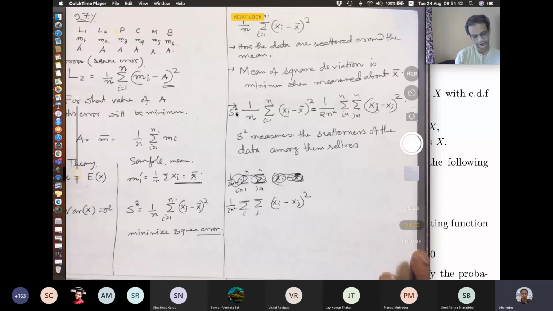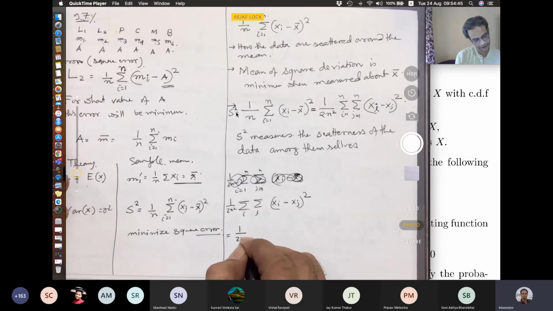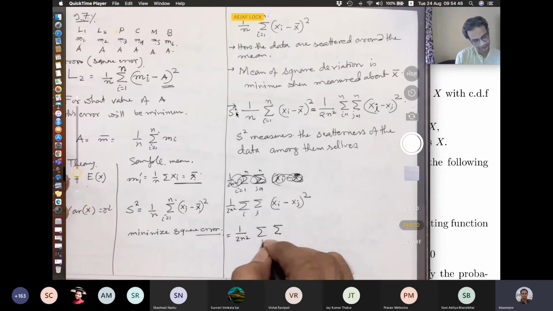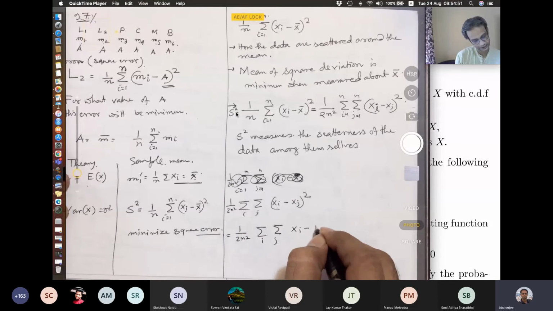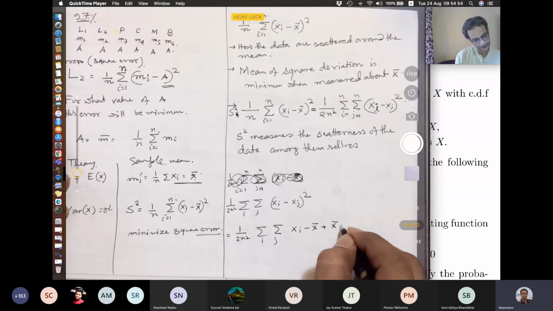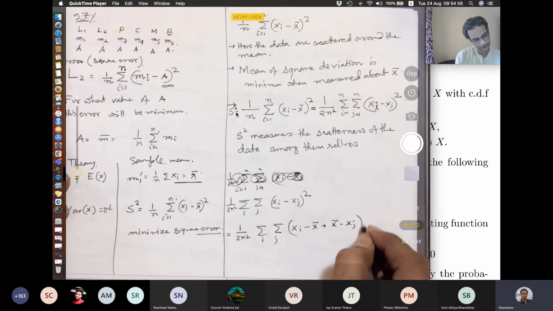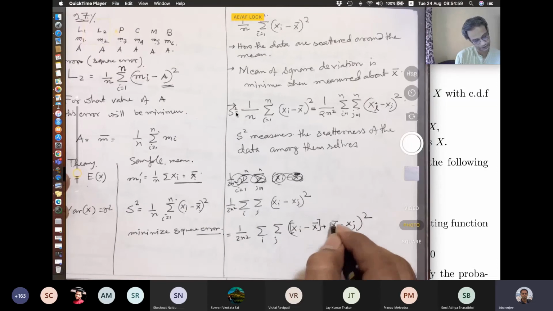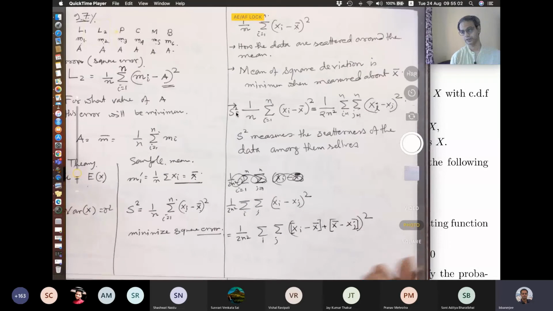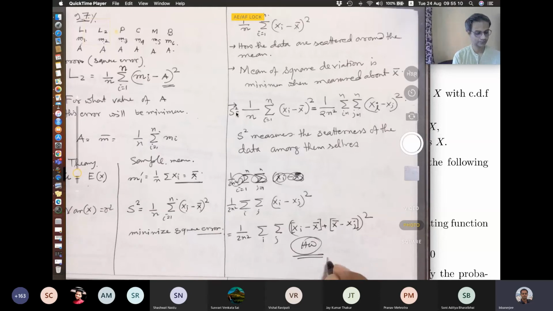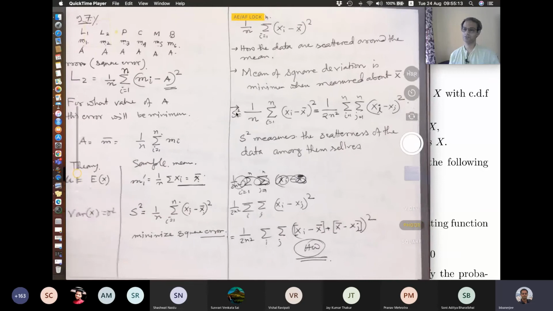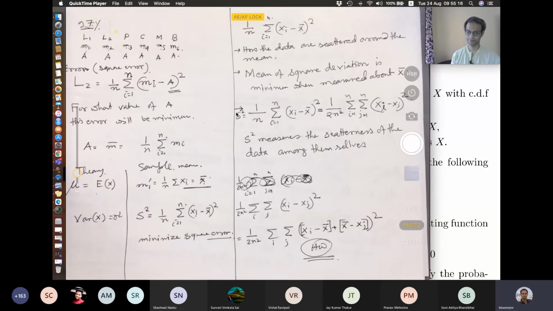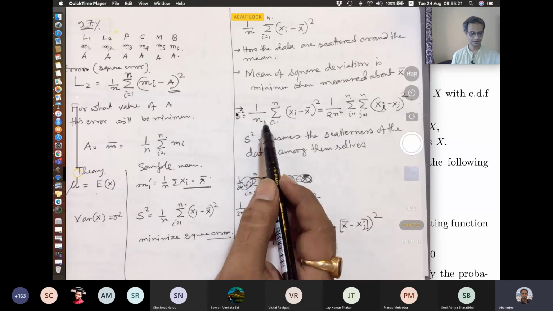You can write xi minus x bar plus x bar minus xj whole square. Expand the square and take the sum, and you will come to this expression.